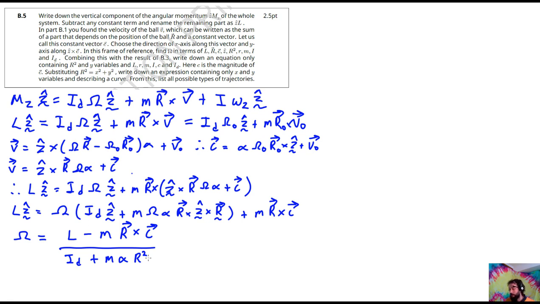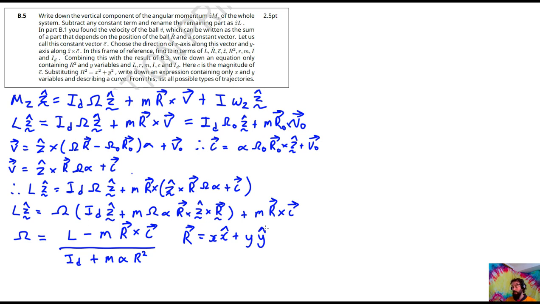Alright, now the next thing they tell us to do is to line up the x-axis with C. So what this means is we can actually get some information about how R cross C is going to work. So in particular, what we can say is that we know that we could write R in general as x hat plus y hat.